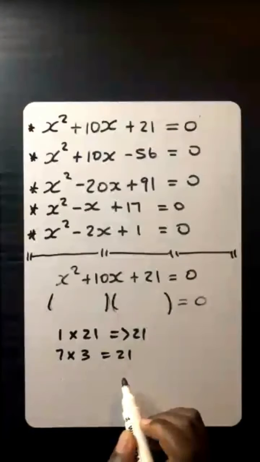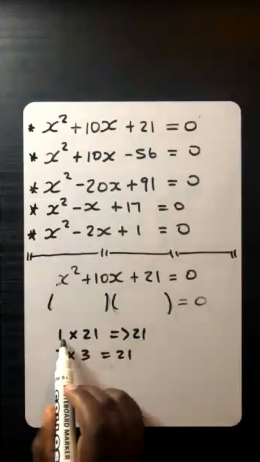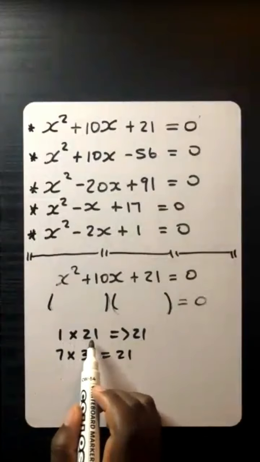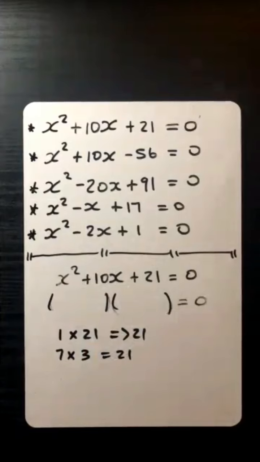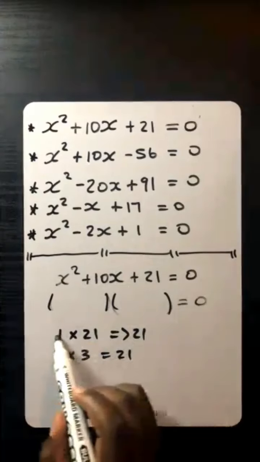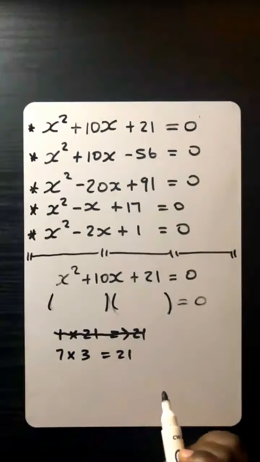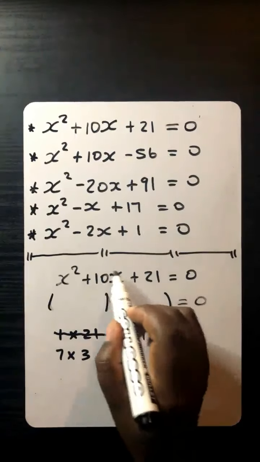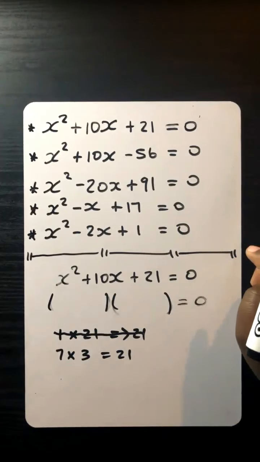Can these two numbers be worked out to give us that middle term, which is 10?